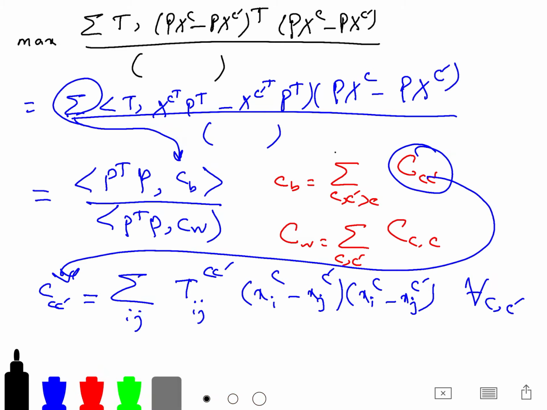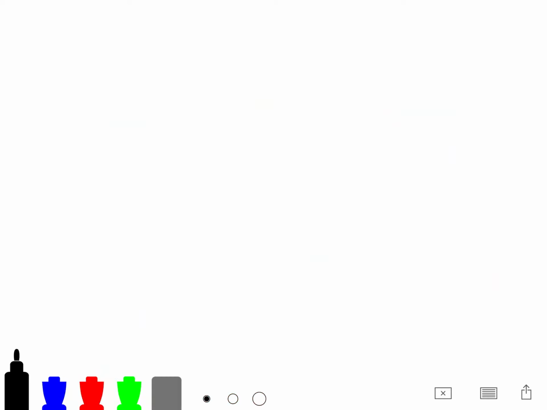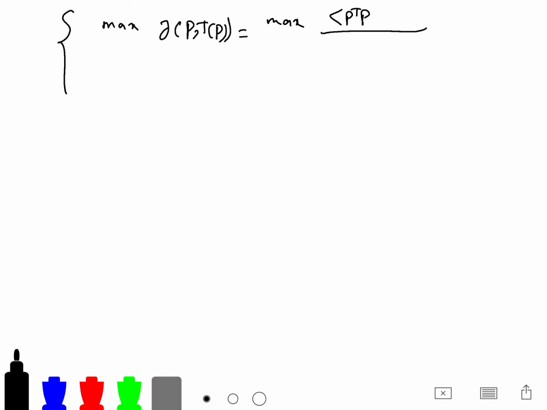So it's a bi-level optimization. It is coupled, you know. On one hand, you are maximizing over P and T of P, which we proved together is maximizing P transpose P and CB, and P transpose P and CW.